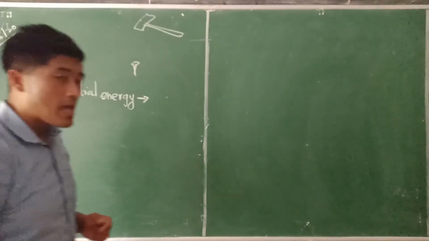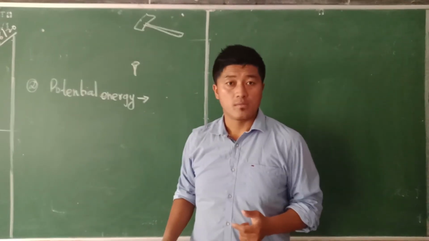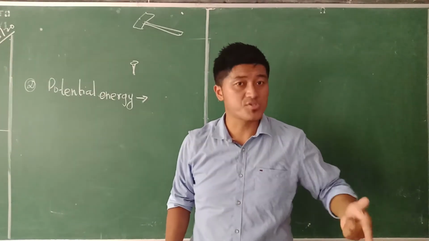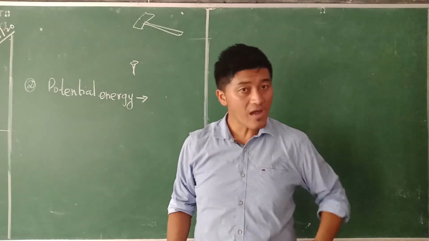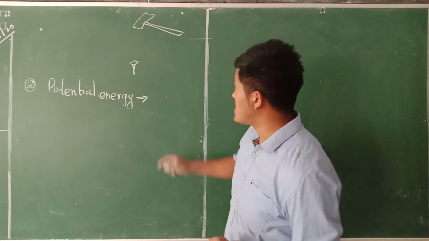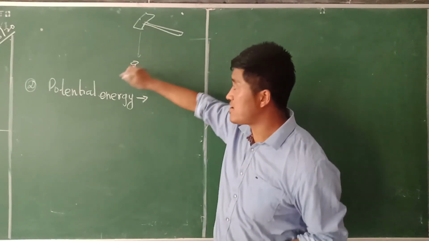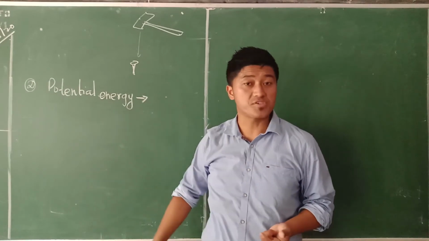Understand? Potential energy. The word itself, potential. Potential means you have the potential to do well. You have the ability to do well. We use this kind of sentence in our daily life. Understand? So this particular hammer, when it is raised to a certain kind of height, we use this kind of word here, that is potential energy.